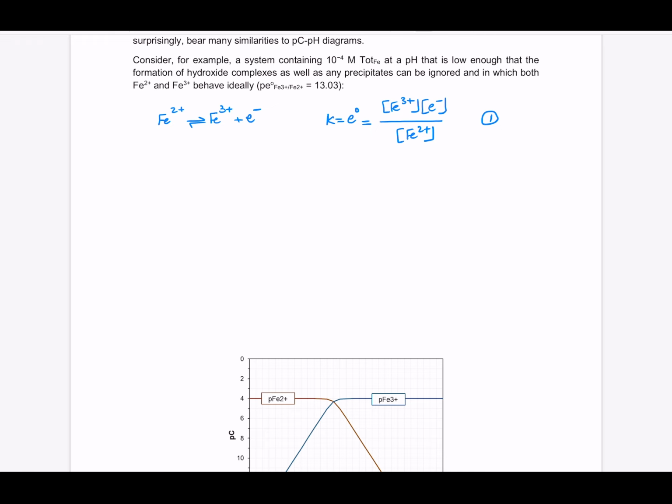This is the first relationship. The second relationship is basically a closed system, so we're allowed to use mass balance on the iron species. What is the total Fe?